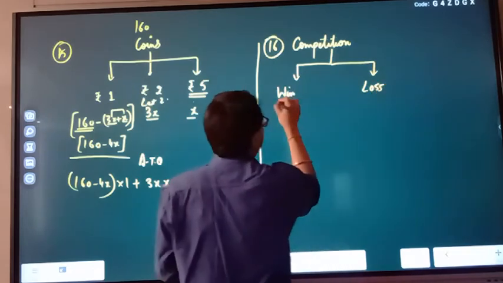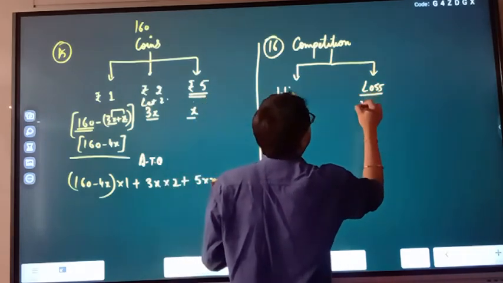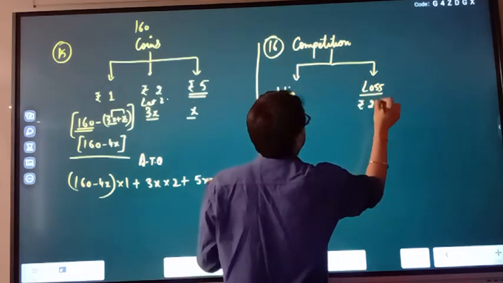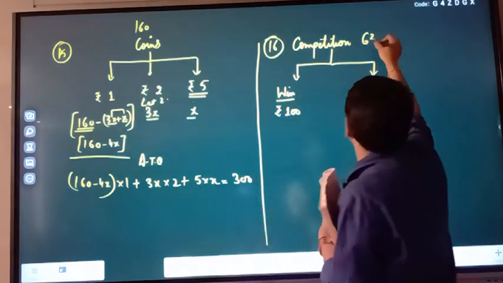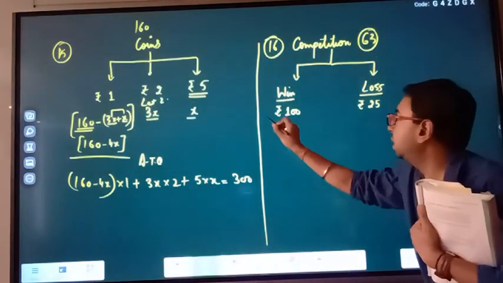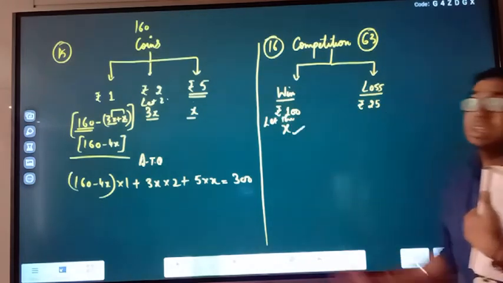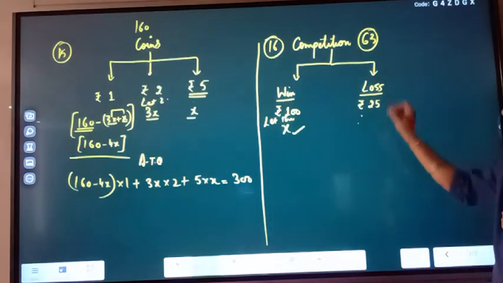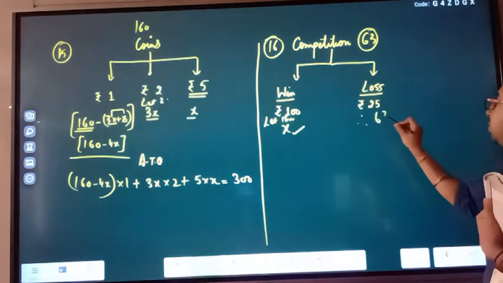Who wins will get a cash prize of rupees 100 and who loses but participates will get 25 rupees. And the total number of participants is 63. Let the number of winners be x. We can say let the number of participants who participated and won is x. Therefore, the participants who participated but lost are 63 minus x.